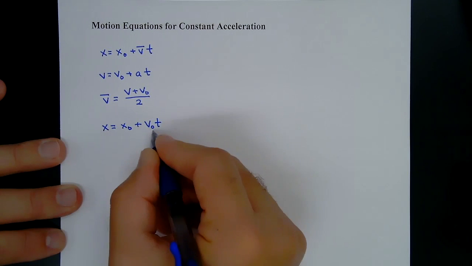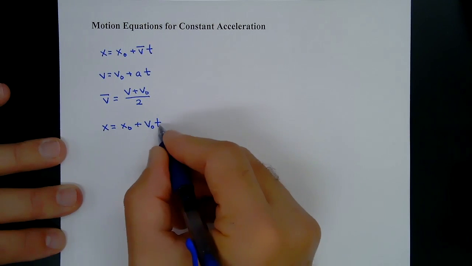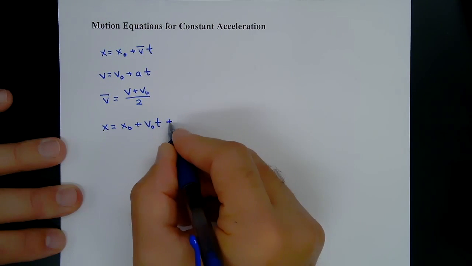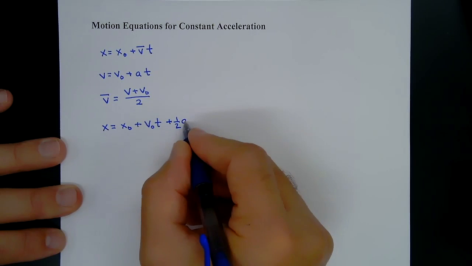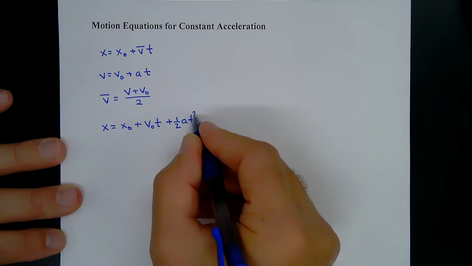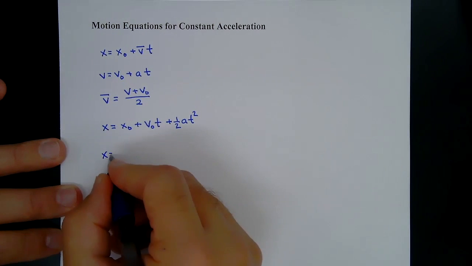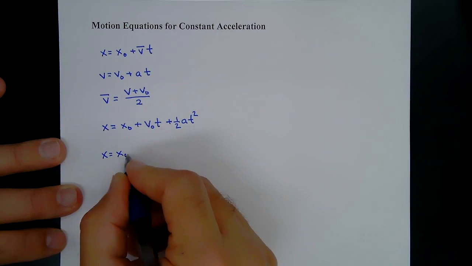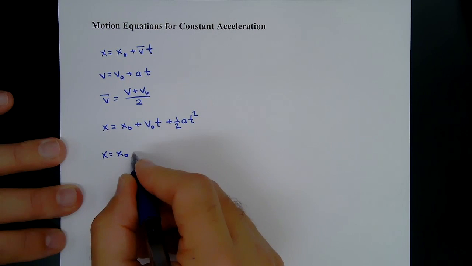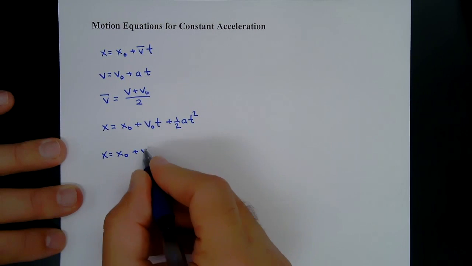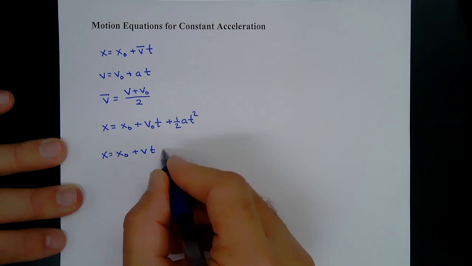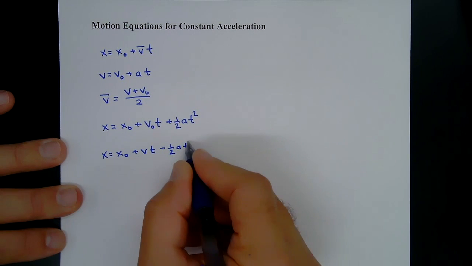And then we know the final position is equal to the initial position plus v sub o times t, the original velocity, okay, times time, plus 1/2 the acceleration times time squared, okay? And then we also have final position is equal to the initial position plus the final velocity times time, minus 1/2 a t squared.